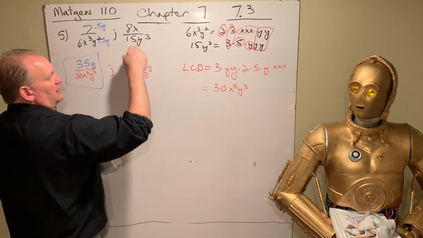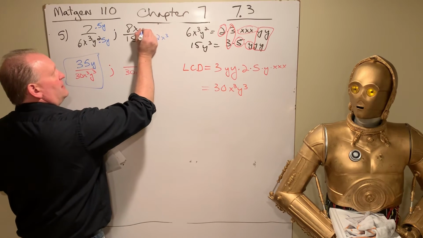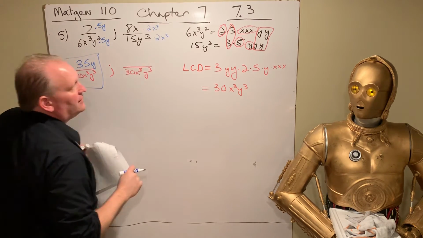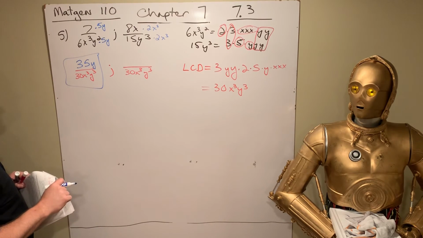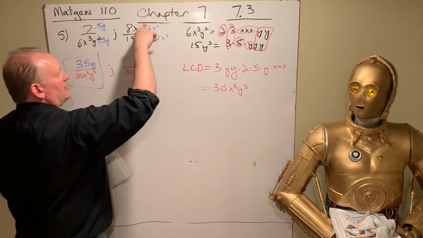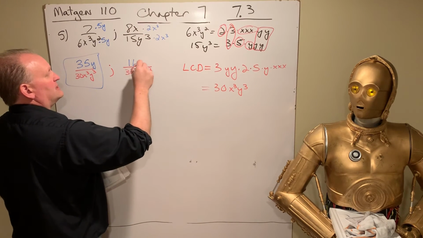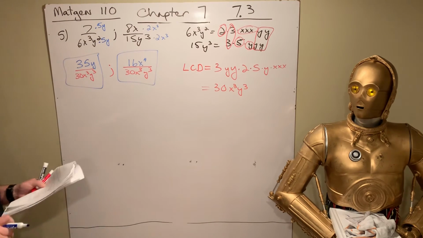Same deal. You look at it, it needs a 2 and an x^3. So when we look at that, we've got 16x to the 4th on top and 30x to the 3rd, y to the 3rd on the bottom.